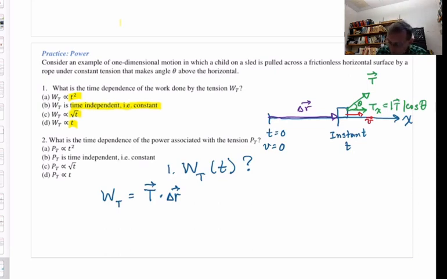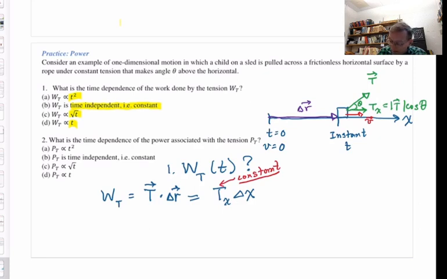The displacement delta r, as you can see, is totally along the x-axis. So I'm going to change that notation to delta x. And therefore, it's only the x component of the tension that survives the dot product. So it simplifies my work formula for the tension to that. The x component of the tension times the x displacement. All right, now, the x component of the tension, by golly, that is indeed constant.